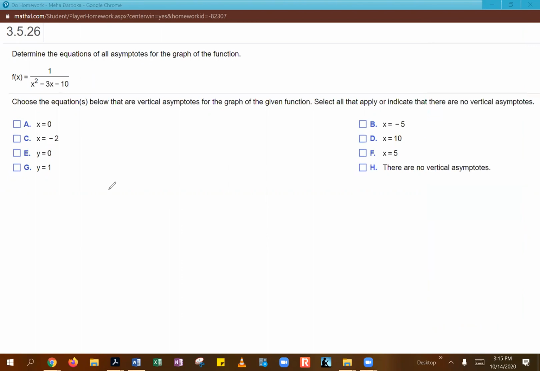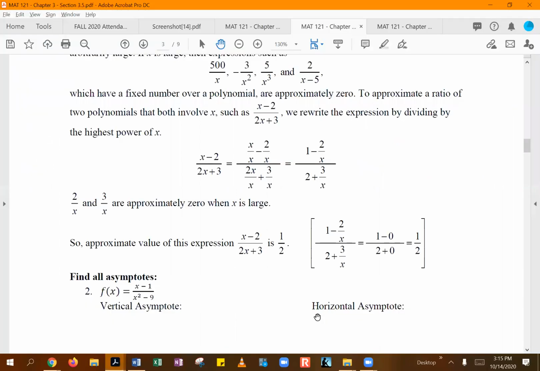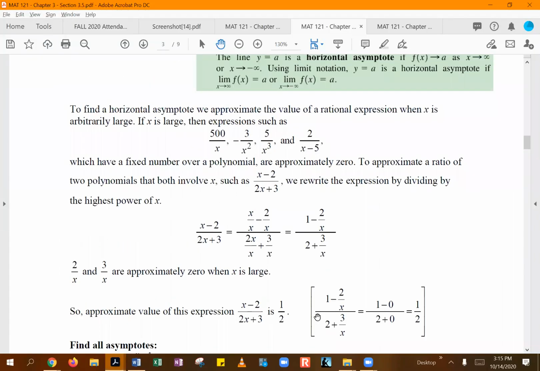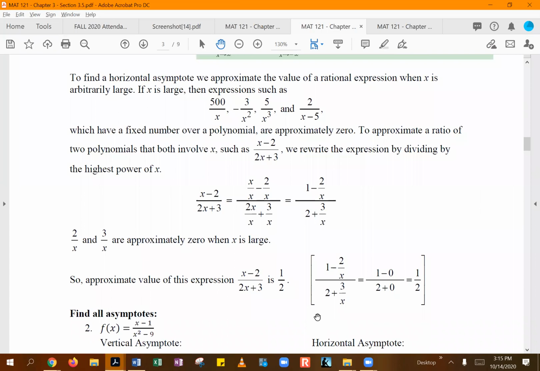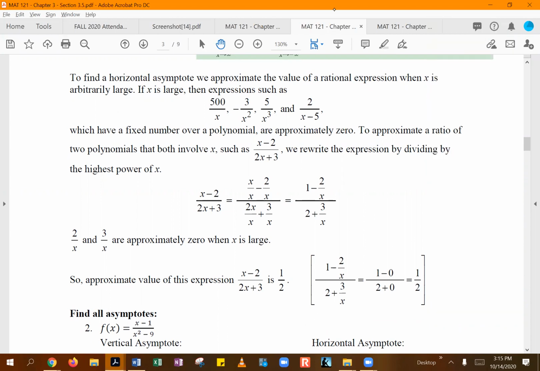So before I actually start writing on this, I did want to show you how to calculate your horizontal asymptotes. Again, the idea is it will depend on what type of rational function you have, and based on that, you will be able to decide if your horizontal asymptote exists or does not exist.